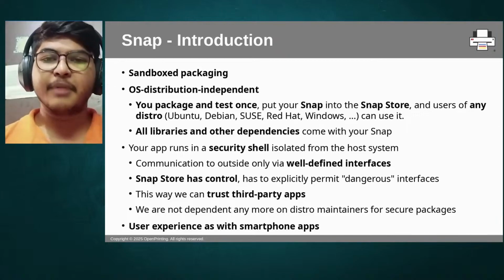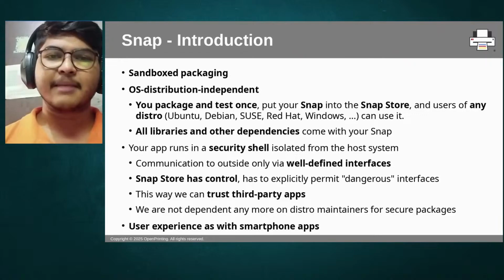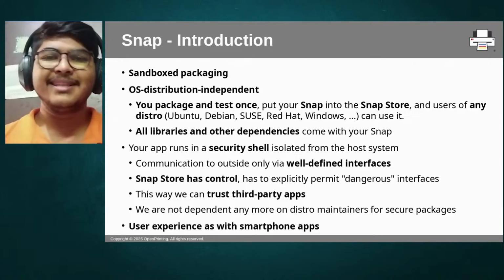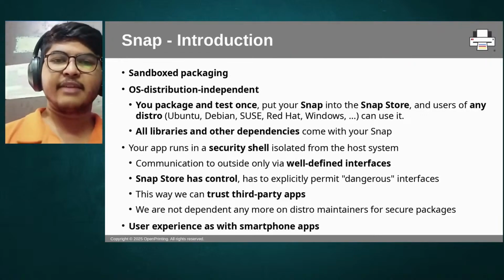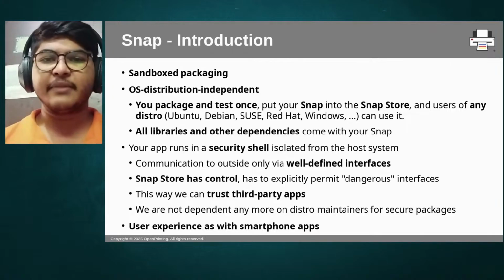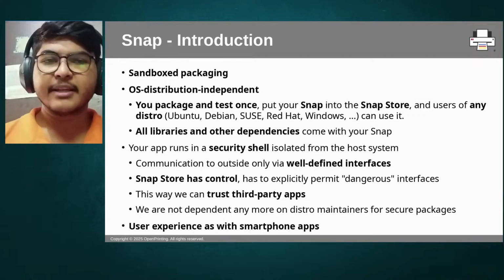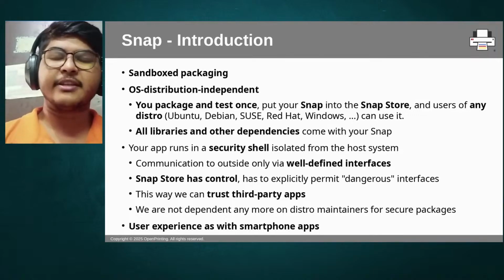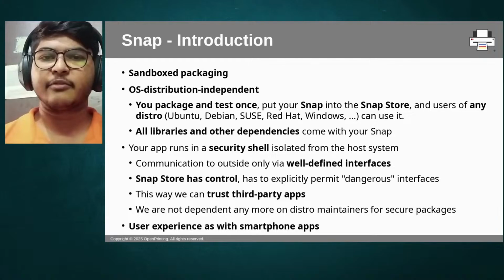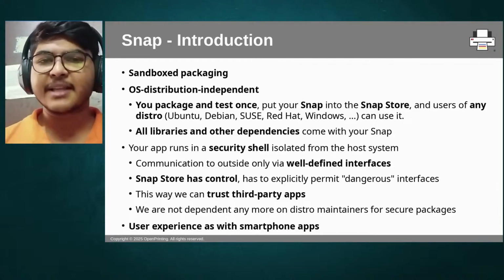And of course, the plugs, or the permissions that I'm talking about, what are these? These are very well curated, very well defined interfaces. For example, the desktop plug. The desktop plug gives access to various different files that are needed for a desktop snap to work.